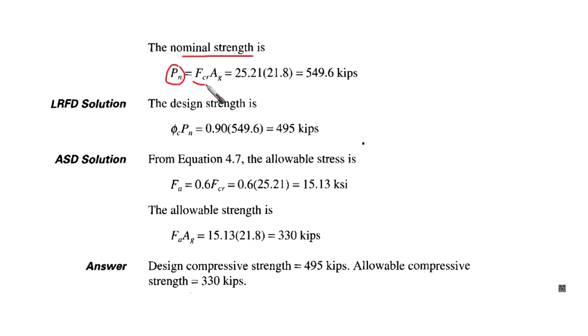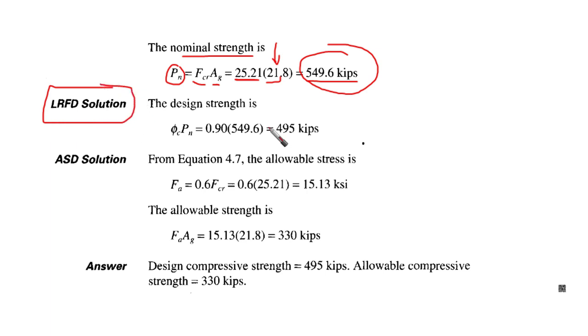It equals Fcr times area gross, as we said, according to AISC. The area gross is from the table in the manual, and Fcr we obtained from the previous slide. We have 449.6 kips. This is the nominal strength. Then we are going to use our LRFD or ASD solution.